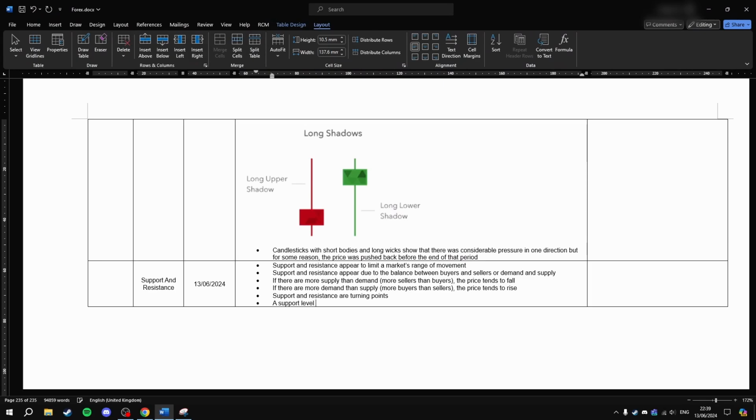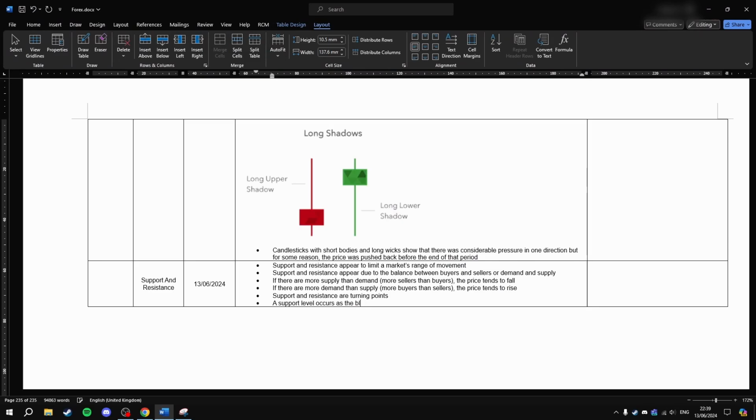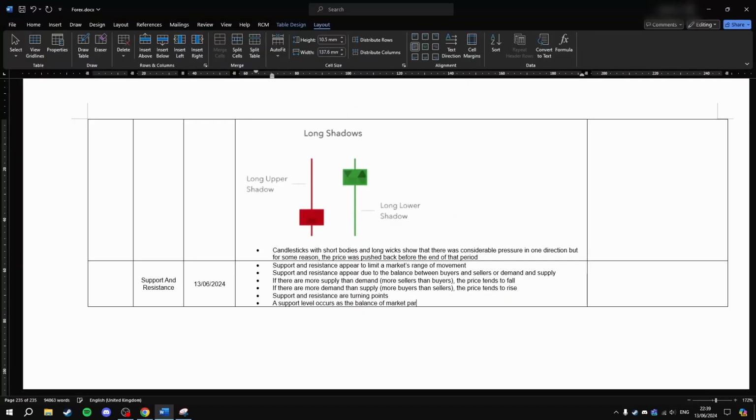A support level occurs as the balance of market participants move from a seller's market to a buyer's market.